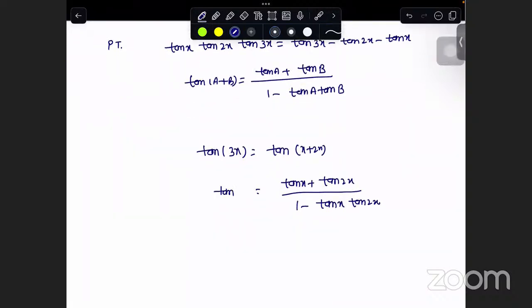This is tan 3x. Now we cross multiply it. Tan 3x minus tan x tan 2x tan 3x is equal to tan x plus tan 2x.